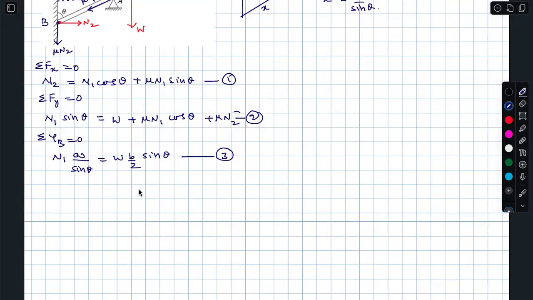Now N1 is an unknown, N2 is an unknown. Trust me, you need to eliminate N1 and N2. You can eliminate N1 from here. N1 is WB by 2A times sine square theta.